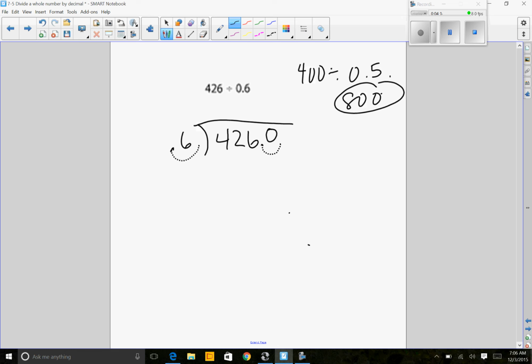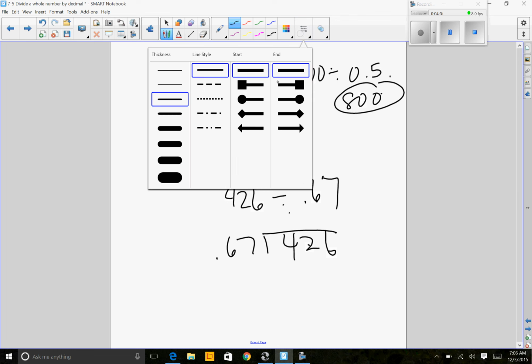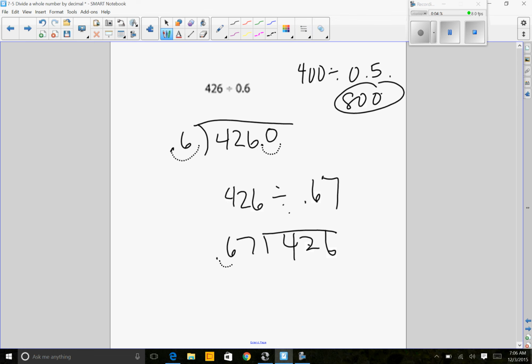We've been doing that for several years now. So that's all you do, is you just move the decimal however many places. So let's say this had been 426 divided by 6/100, okay, now we're moving this over 1, 2 places, so I have to move this over 1, 2 places, extend my line there.